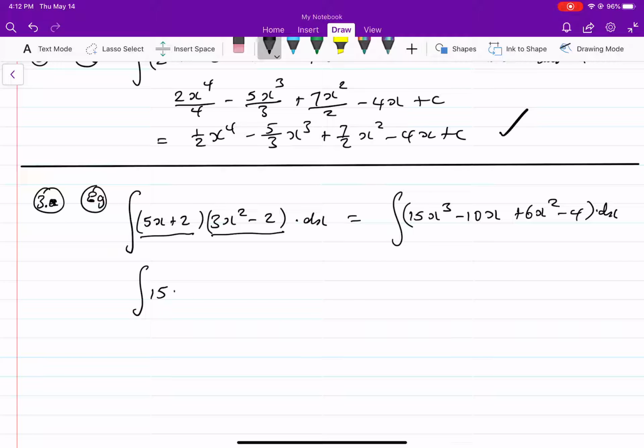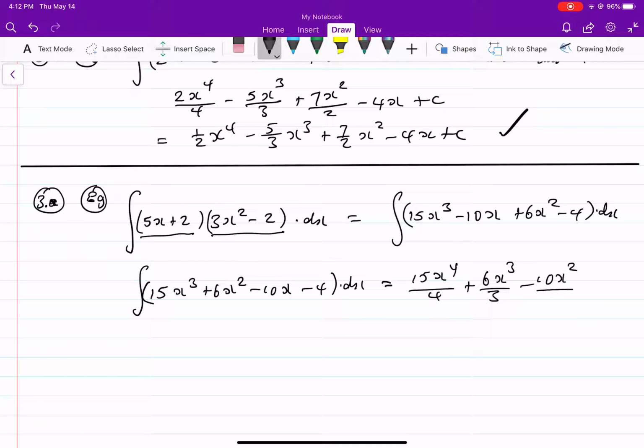Integral of 15x cubed plus 6x squared minus 10x minus 4, all times dx. And we'll apply the standard rule to each part. When we integrate, this becomes 15x to the 4 upon 4 plus 6x to the 3 upon 3 minus 10x to the 2 upon 2 minus 4x plus c.